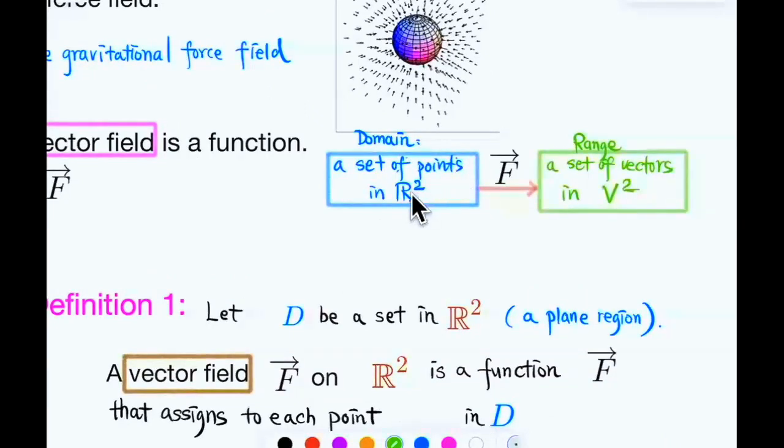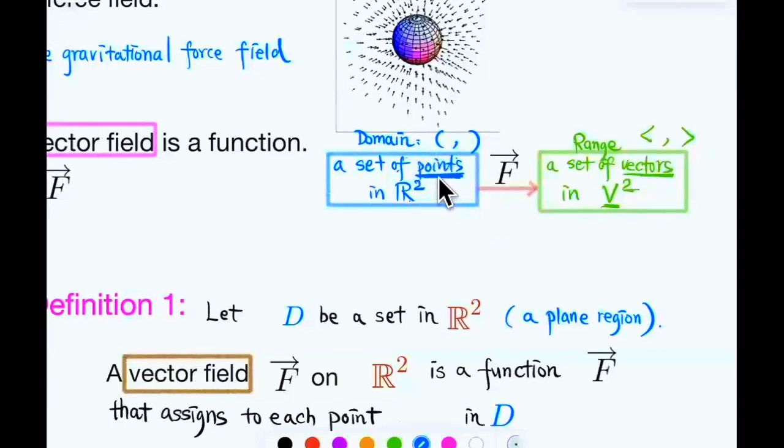What's the difference between R2 and V2? Every member in R2 is a point. Now what about V2? Every member in V2 is a vector. So the point will look like parentheses, and the vector will use angle brackets.